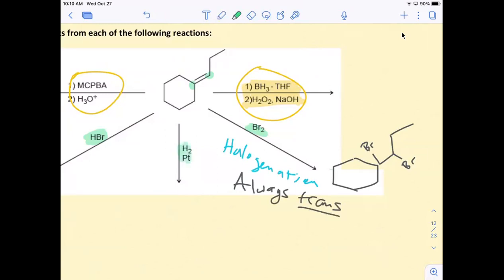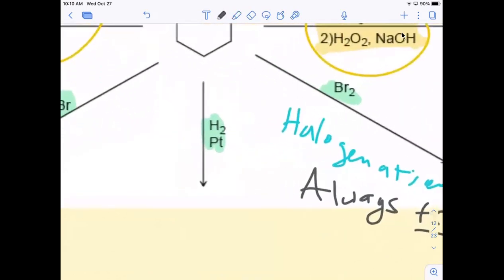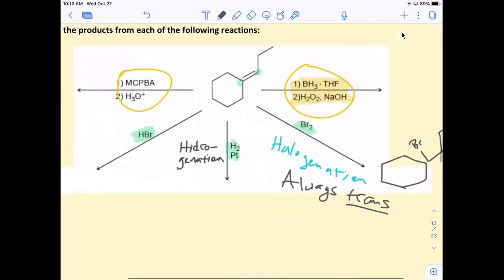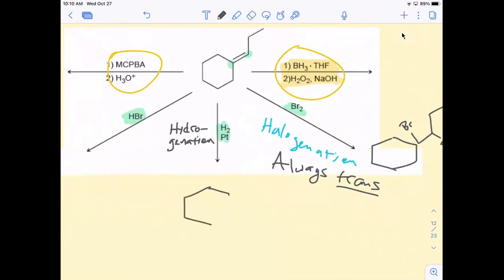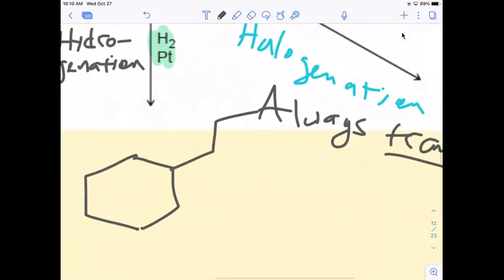All right. What about here? What's the name of that reaction, and what's the outcome? Hydrogenation. Good. It's going to make an alkane. The double bond is going to get destroyed.